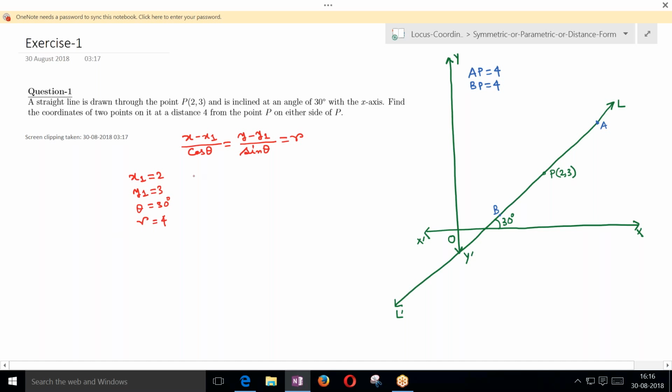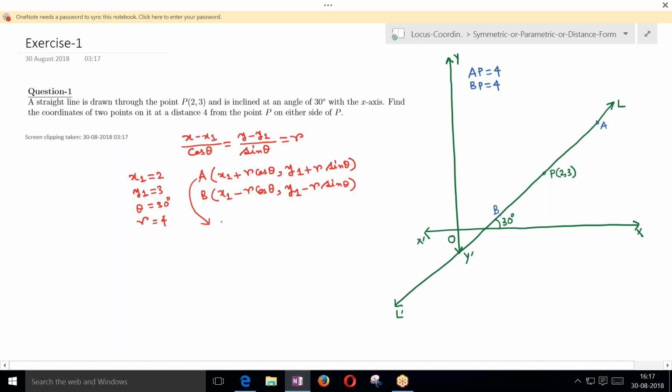Suppose there are 2 points. The point A is x1 plus r cos theta, y1 plus r sin theta, and B is x1 minus r cos theta and y1 minus r sin theta.